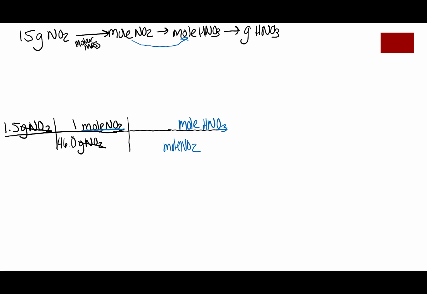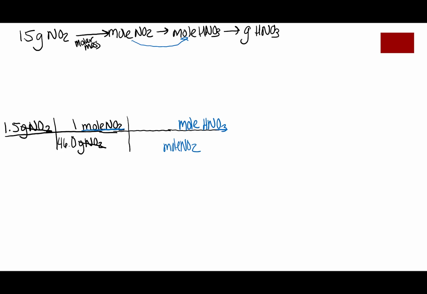Just to revisit that, our starting place is now here. This is canceled, we're ignoring that. So we're in moles of NO2, which goes diagonal, and my destination for this step is moles of HNO3, which goes on the top.